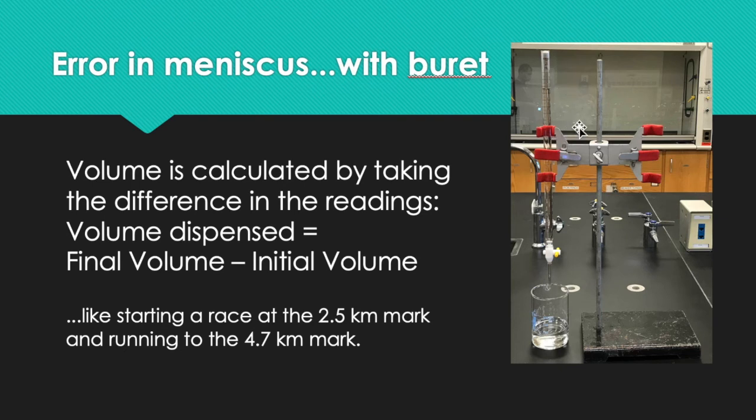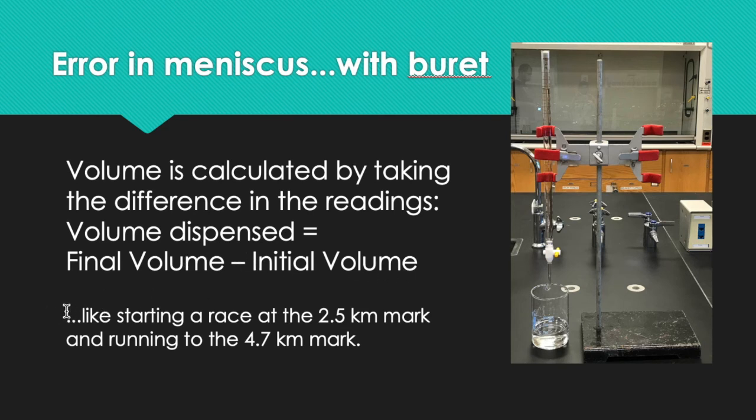And the difference between those two readings is the volume that you have added to your reaction or to your beaker. So the volume that you've dispensed is what you're concerned with, not the volume that's in there. That would be equal to the final volume reading minus the initial volume reading.